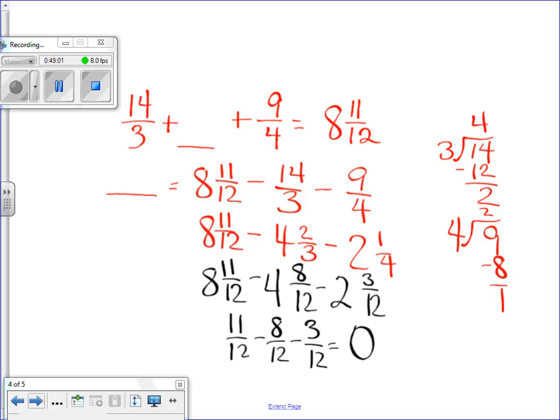You would have no fraction left. 8 minus 4 is 4. 4 minus 2 is 2. Wow.